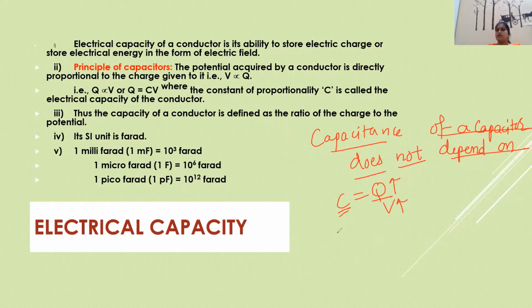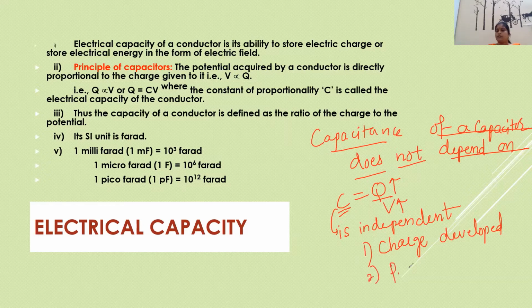So capacitance of a capacitor is independent of the charge developed or stored. And the second one is the potential difference across the plates.